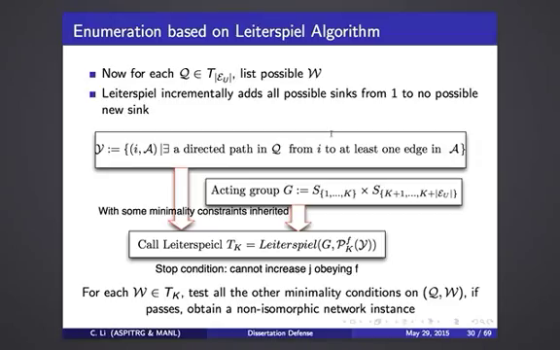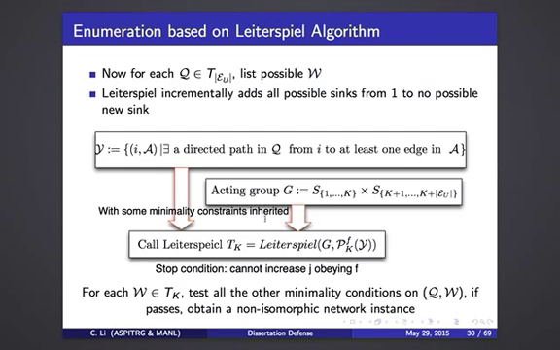In addition, there must exist a path from I to at least one edge in A, because otherwise there's no hope to decode I out. And the acting group is the same, the product of the two symmetry groups. We also have some minimality constraints that can be inherited. And then we call Lattice Spiel again to list all Ws.